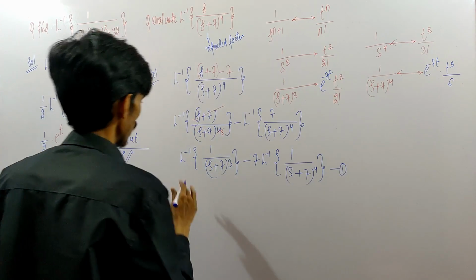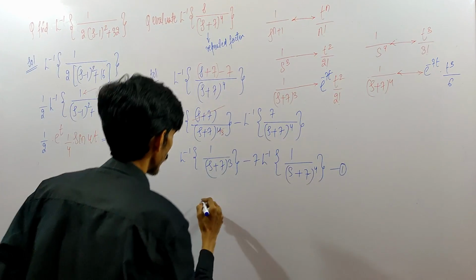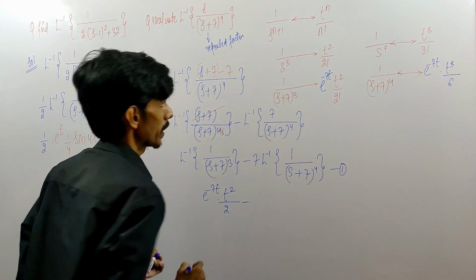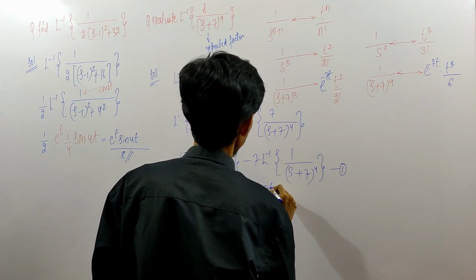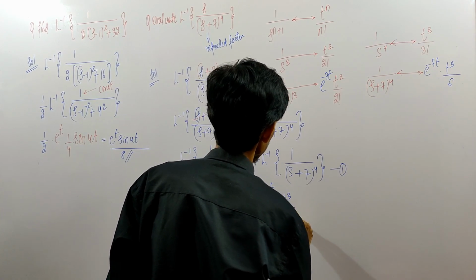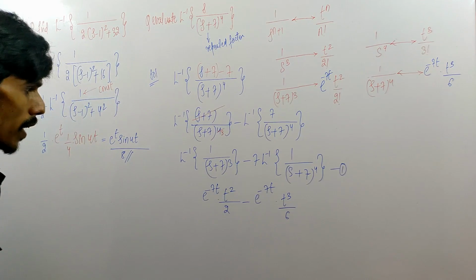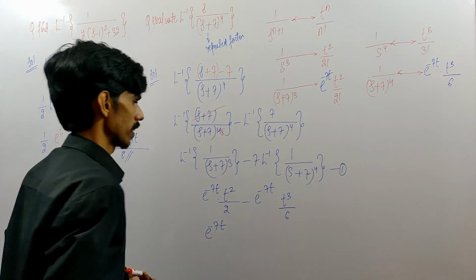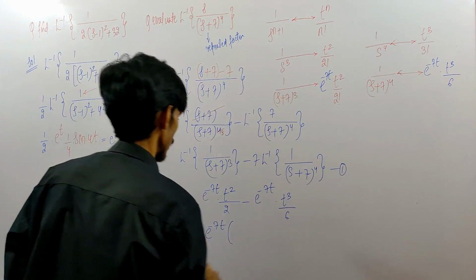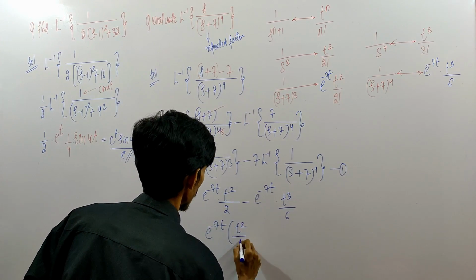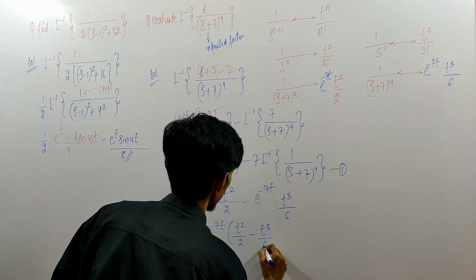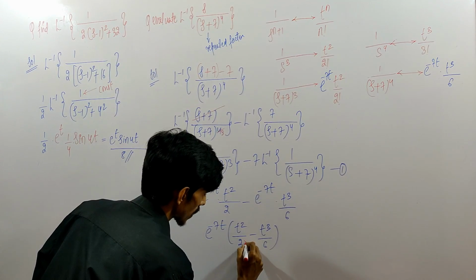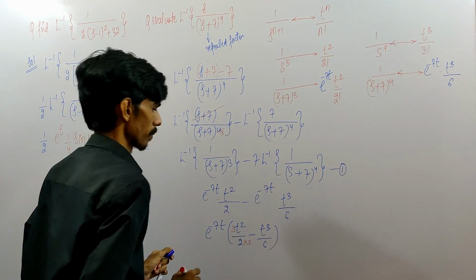So substitute here. L inverse of this value is e power of minus 7t into t square by 2 minus 7 times e power of minus 7t into t cube by 6. Now taking e power of minus 7t common, we have t square by 2 minus 7 t cube by 6. Here we have 6, so I want to make this 2 also 6, so multiply by 3 here.